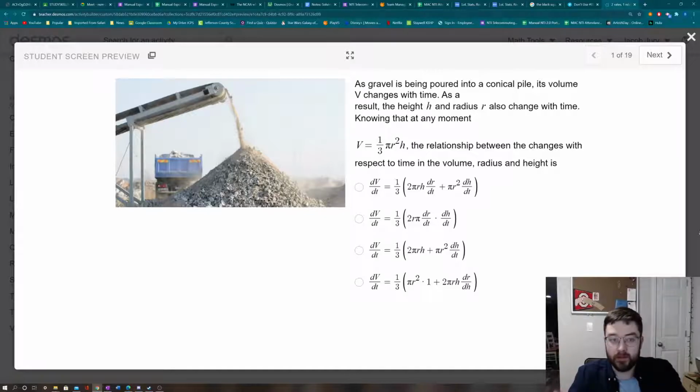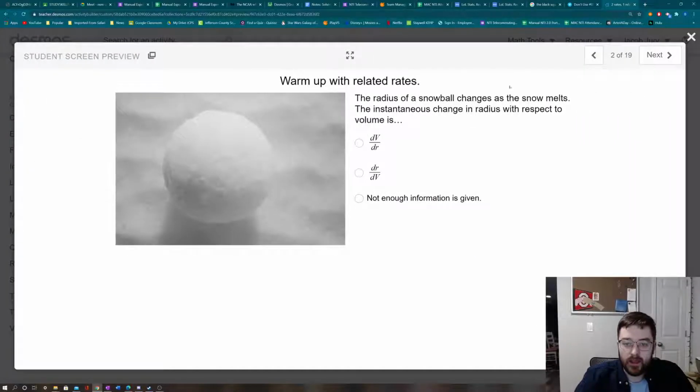So here's that problem in the Desmos activity. You'll see it, and you'll find the right answer here. We've got a 1/3 out in front, so you'll have to figure out which one of these looks like the one that we just talked about. It'll record your answer, and we'll get to use it as data in class. And then it starts talking about some different examples.